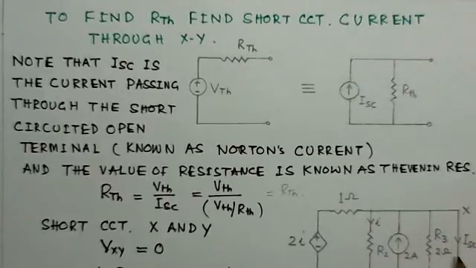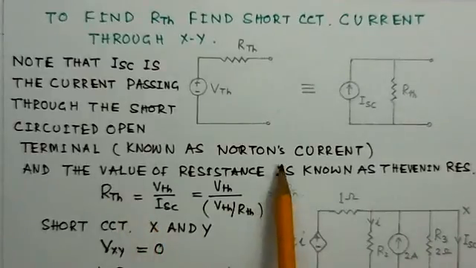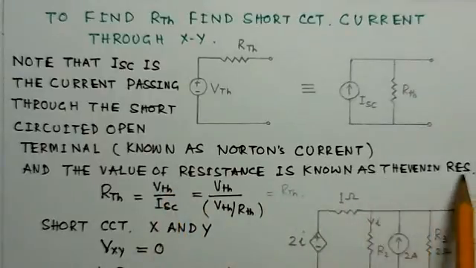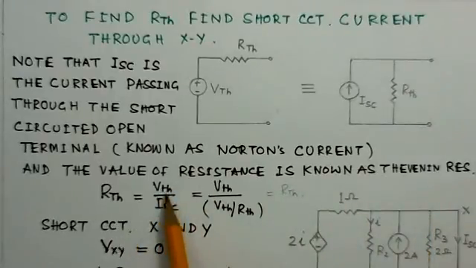So we'll determine the value of R Thevenin from the Norton's equivalent. We know that the Thevenin resistance could be Vthevenin divided by ISC.